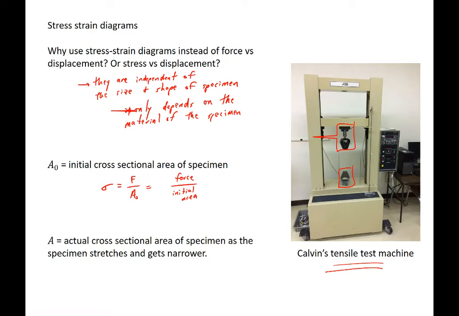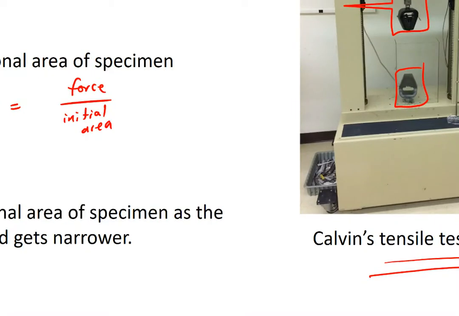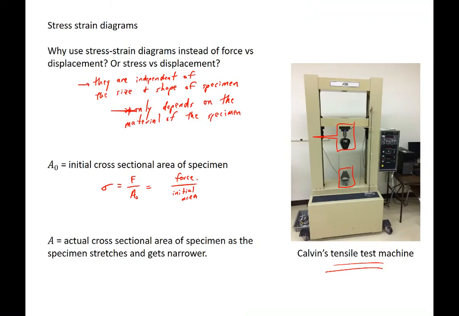But when we calculate these things, it's easier just to assume that it stays constant. So typically, we use this definition of stress, which is often called engineering stress. If we talked about the actual cross section, then that's usually called true stress. That's not nearly as common to do in stress strain diagrams.